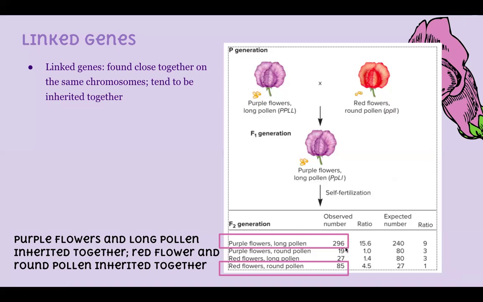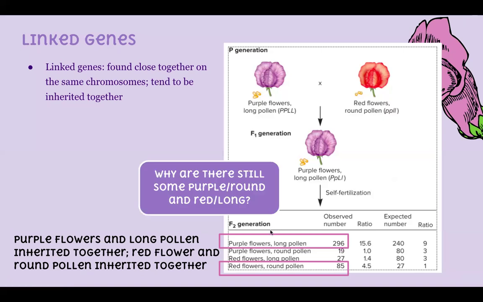So it is most likely that the purple gene and the long pollen gene are right next to each other, and only in these rare cases do they get split up during crossing over. The same is true with the red gene and the round pollen gene. So that's what we mean by linked genes.